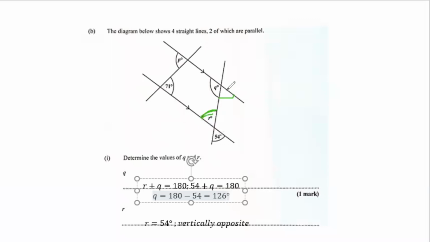Then you can solve using angles on a straight line: 180 minus 54, and that would have given you the same 126 degrees we are looking for. So whichever one you choose, once you're comfortable with your working, go right ahead and solve it.